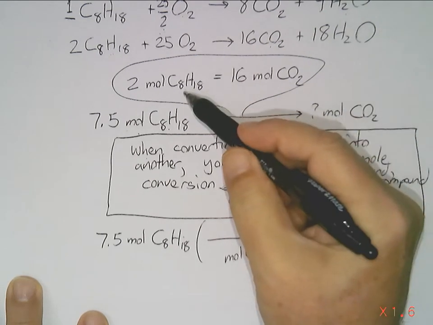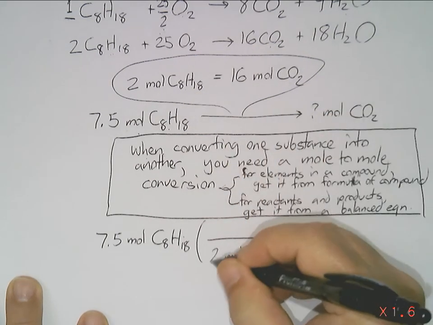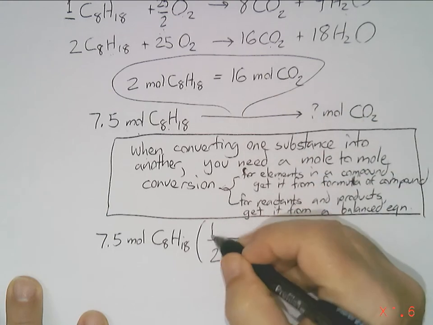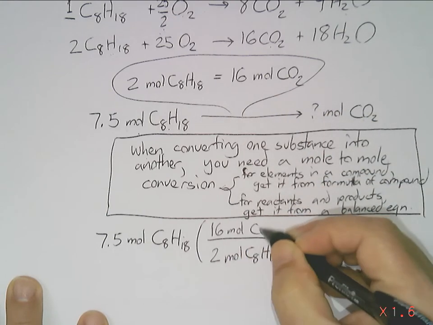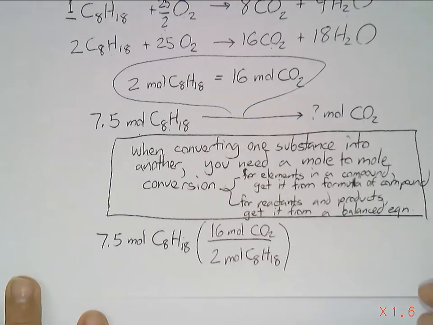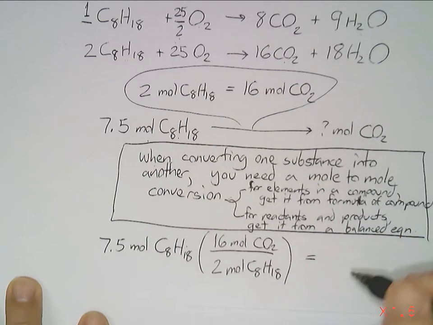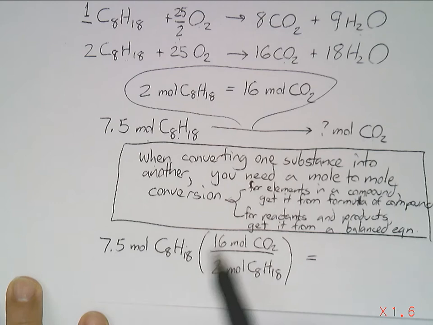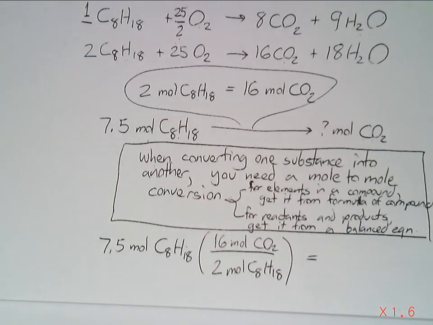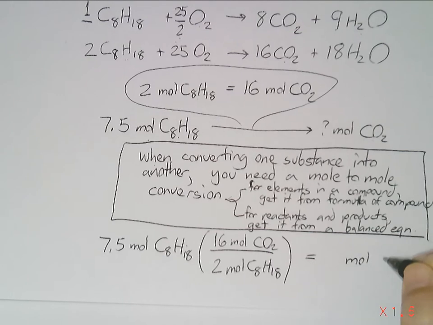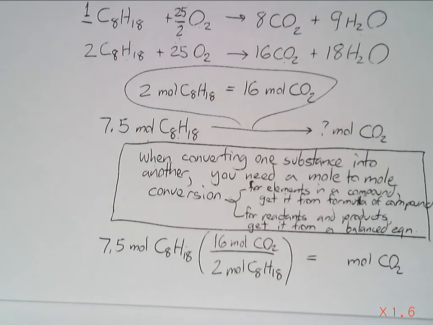And this conversion factor tells me there's 2 moles of that for every 16 moles of CO2. So that's my setup. It's going to be 7.5 times 16 divided by 2. So it'll be 7.5 times 8, so a little less than 64, 63, 62, something like that. That'll give you how many moles of CO2 you've got.